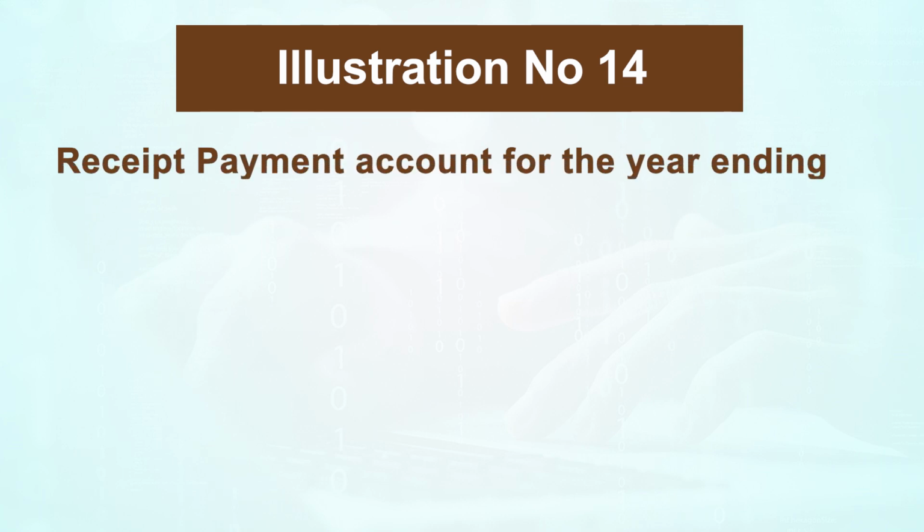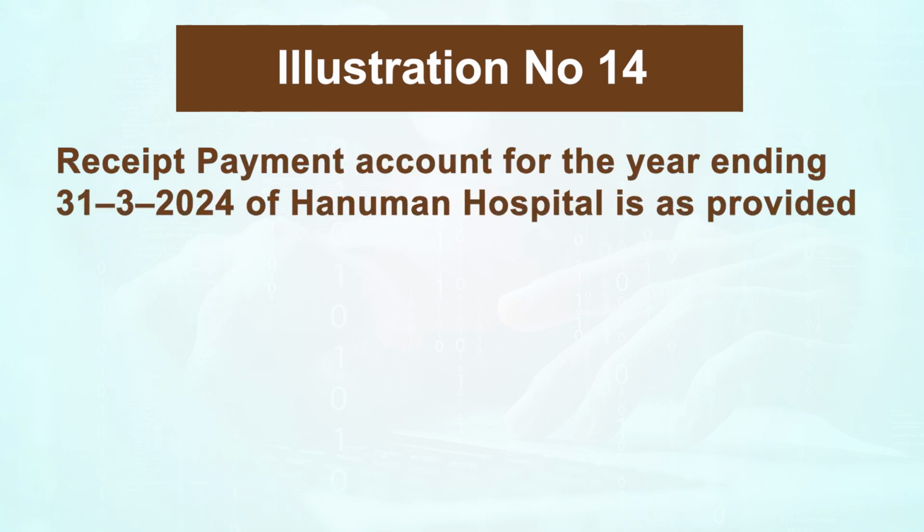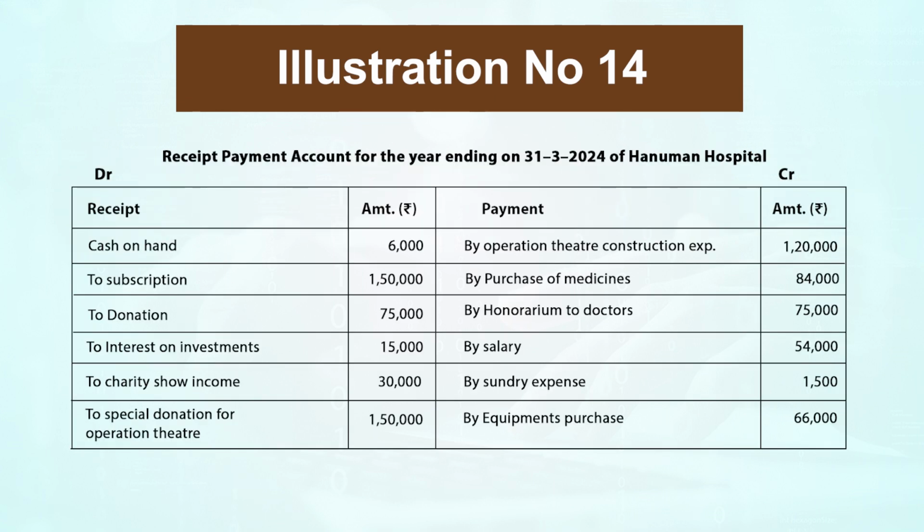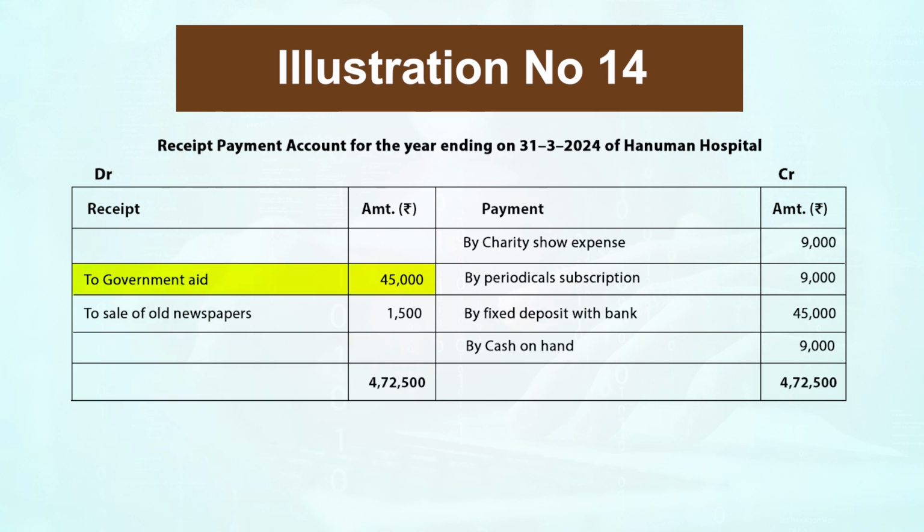Receipt payment account for the year ending 31st March 2024 of Hanuman Hospital is as provided to you. Receipt side and payment side. First we will see receipt side. Cash on hand, subscription, donation, interest on investment, charity show income, special donation for operation theatre, government aid, sale of old newspaper.